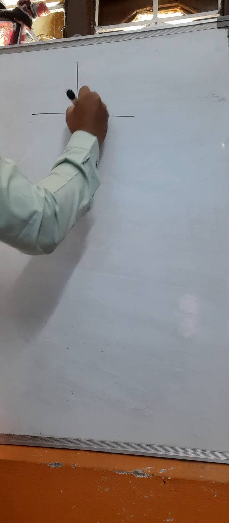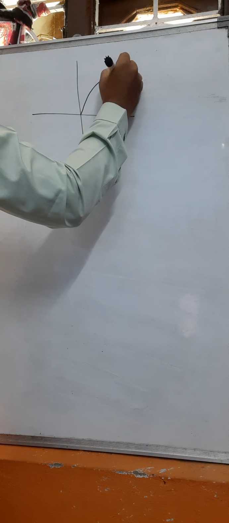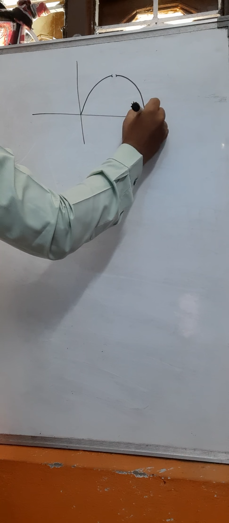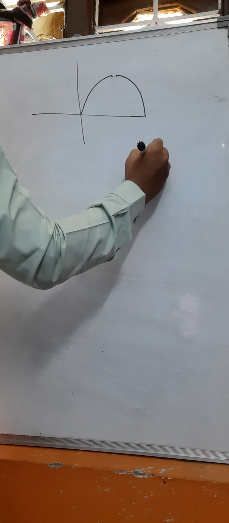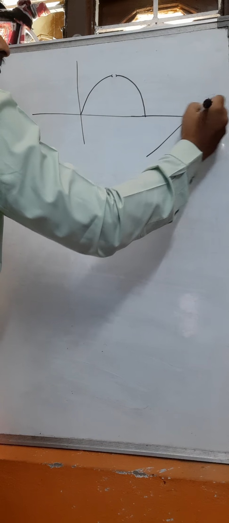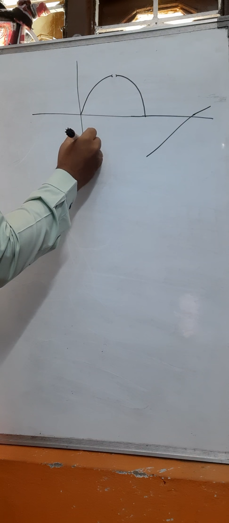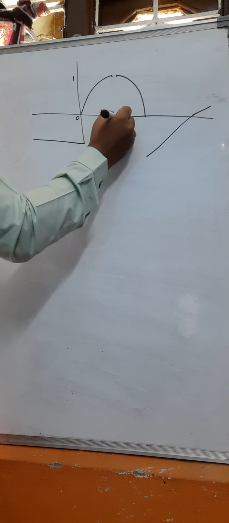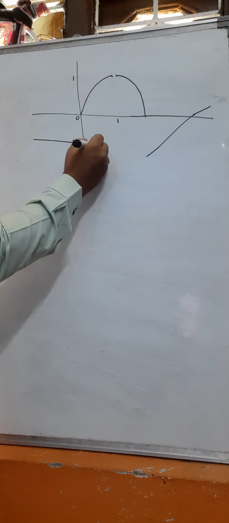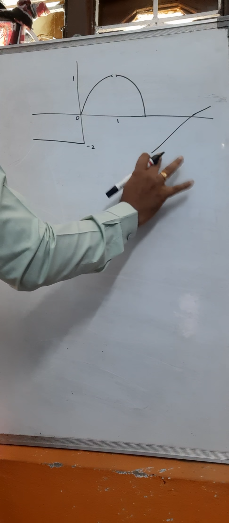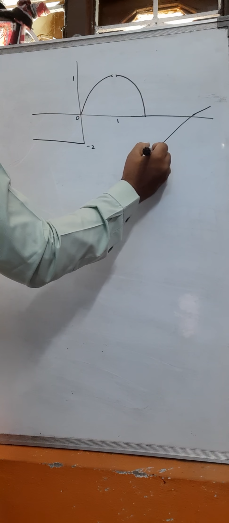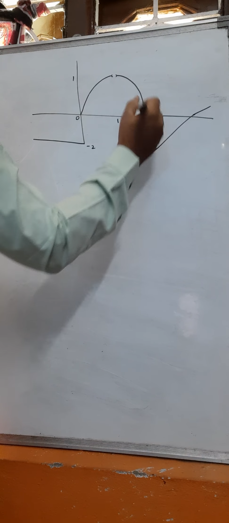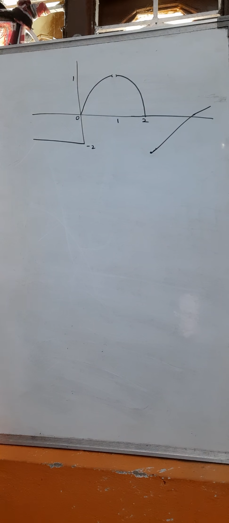Let me see an example with a diagram. Here the points are 0, 1, 1, minus 2, and 2.